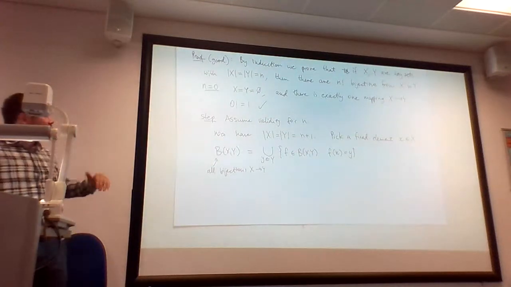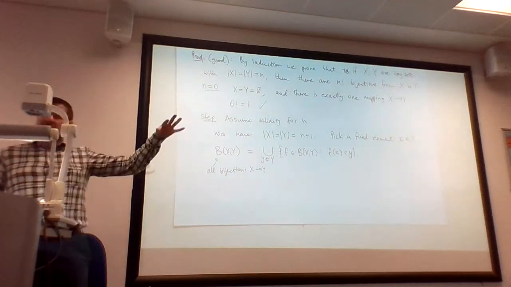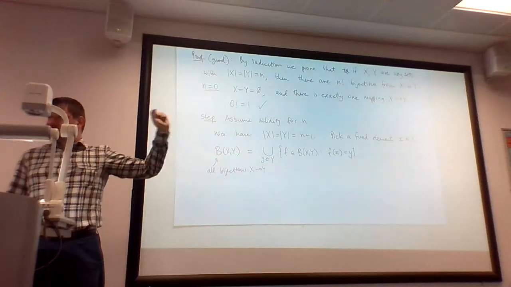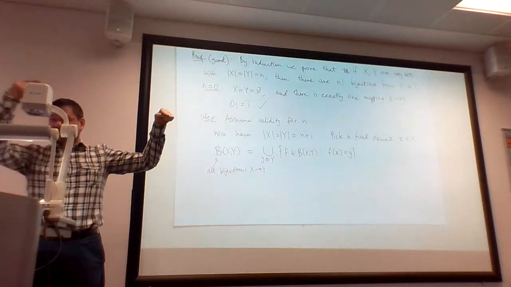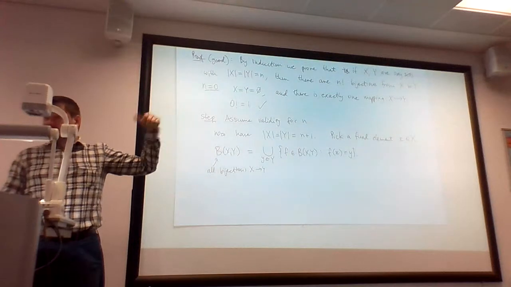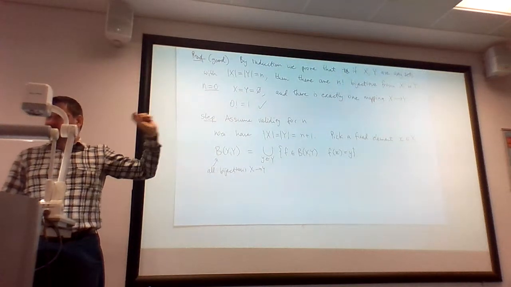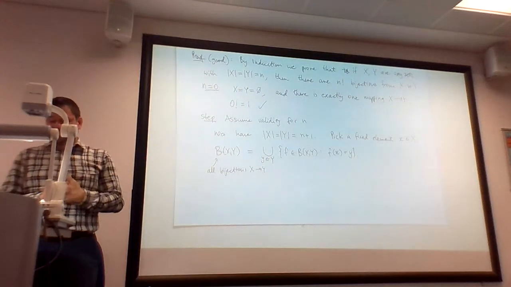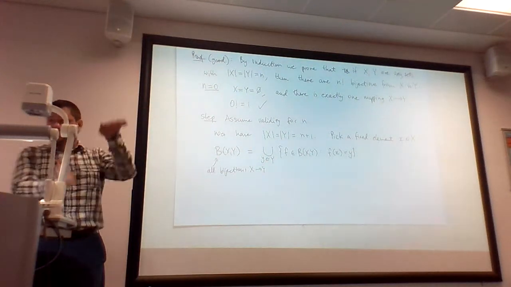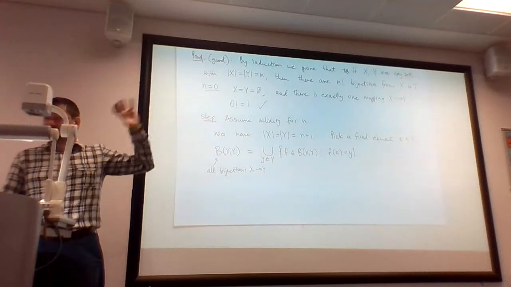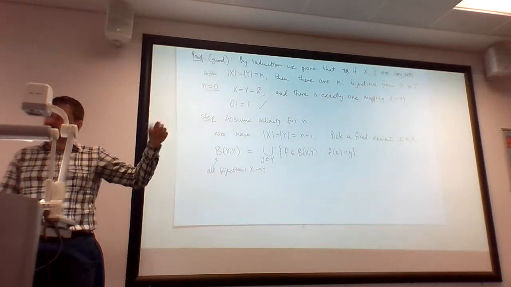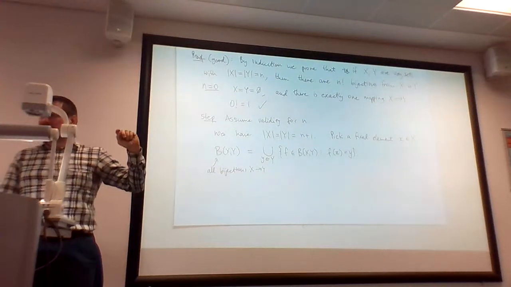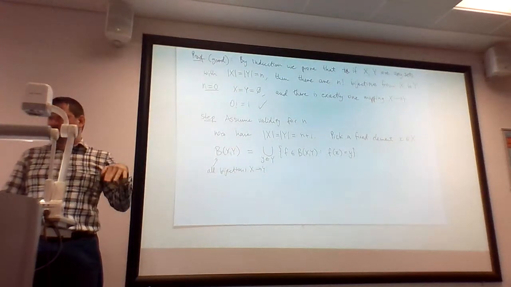Okay, so what you do is you look at all the bijections. You've got this one fixed element in x, and you look at all possible places where you can map that particular element, and each of them gives you a partition of all the bijections depending on where this one fixed element goes. Think of the number 1, for example, or n plus 1, or whatever you have in x.